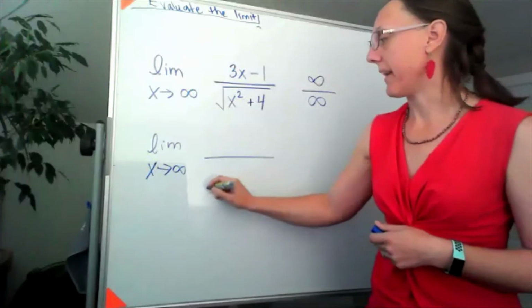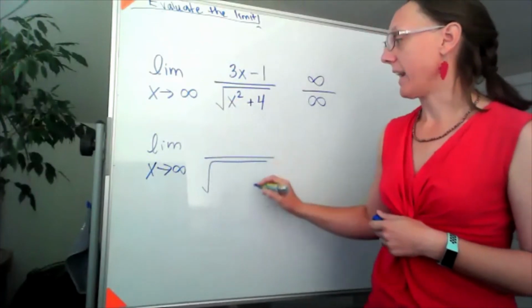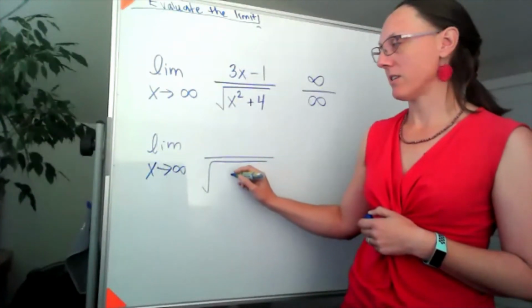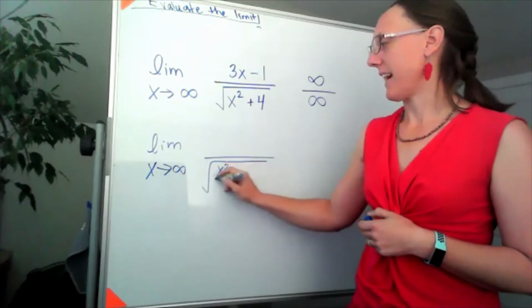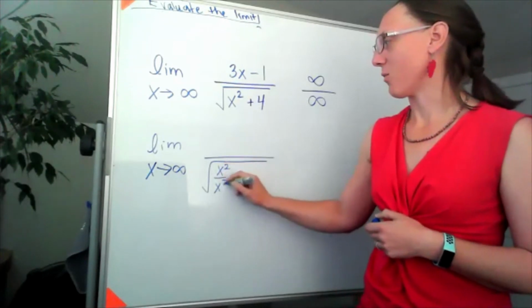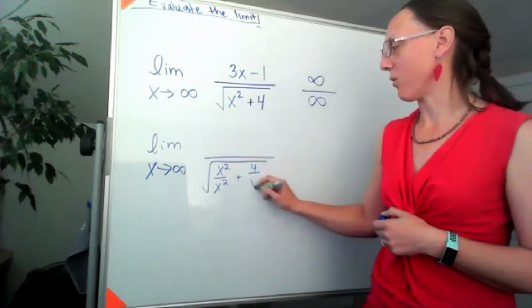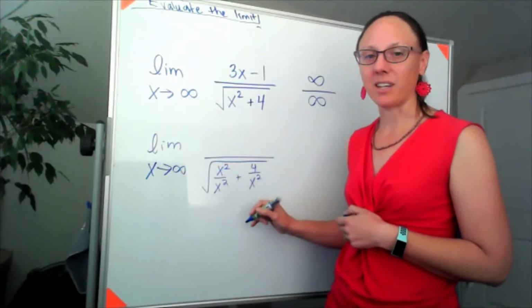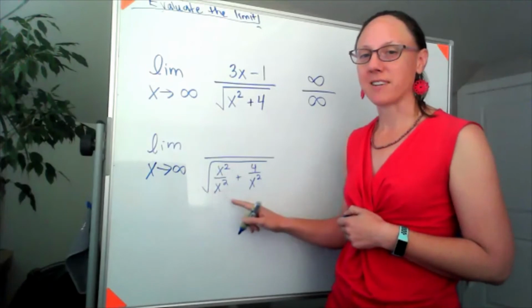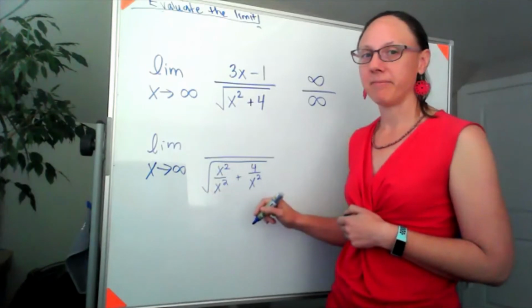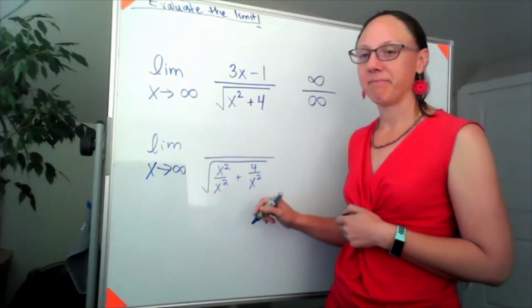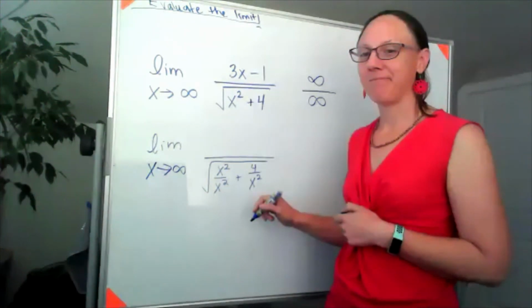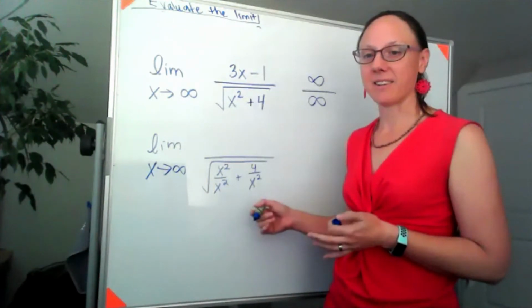So in the denominator, I'd be thinking about this as x squared over x squared plus 4 over x squared. But secretly, what's the square root of x squared? Yeah, I got an x.